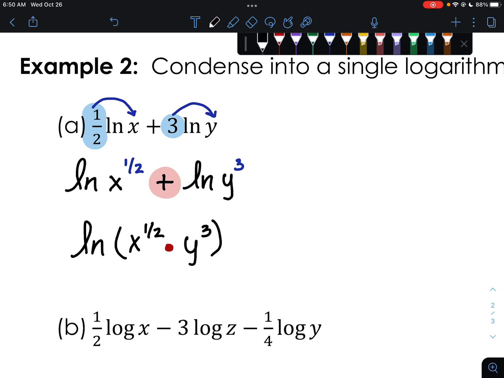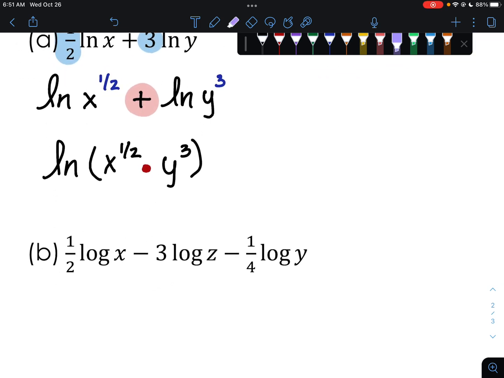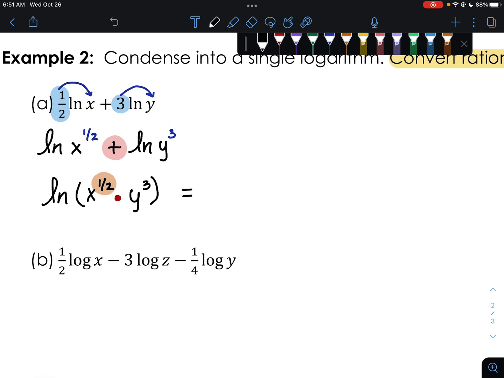And then the last thing we need to do says right here, convert rational exponents to roots, meaning I see that I have a 1/2, which means I need to convert that back to the square root. So the final answer for this right here would be the natural log of, I'm going to bring the y out in front just so it doesn't get confused for being underneath the radical, and then the square root of x.